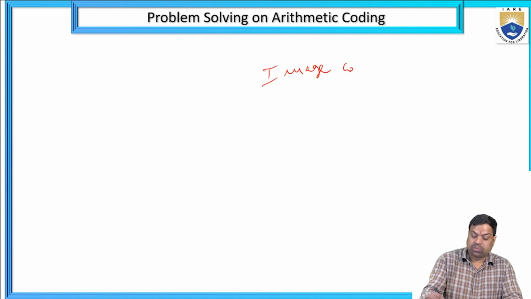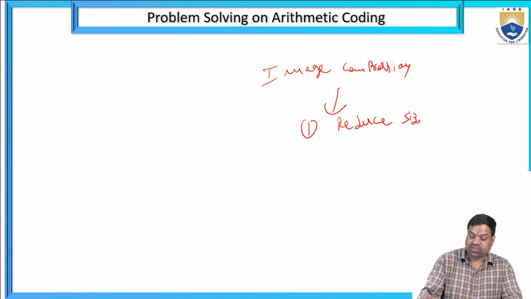What is the use of compression? Compression is used to reduce the size of the image.